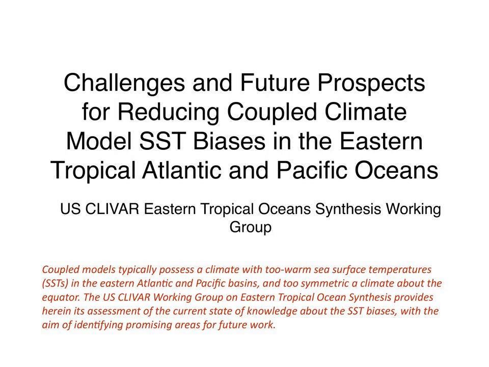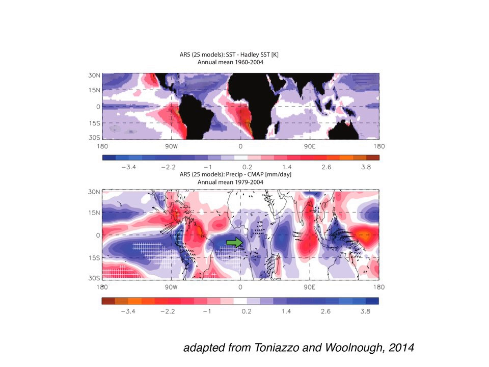So to get us oriented, I thought I would show this figure that's been adapted from Toniazzo and Woolnough from 2014. The upper plot shows the CMIP-5 model mean SST biases relative to the Hadley observational reconstruction.